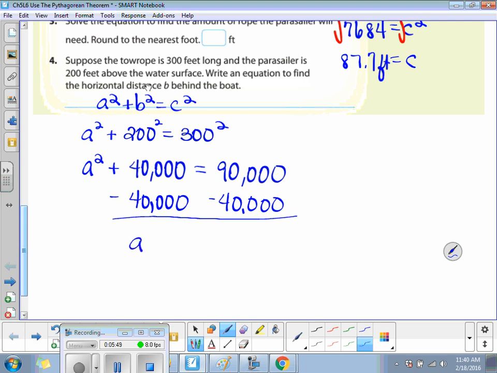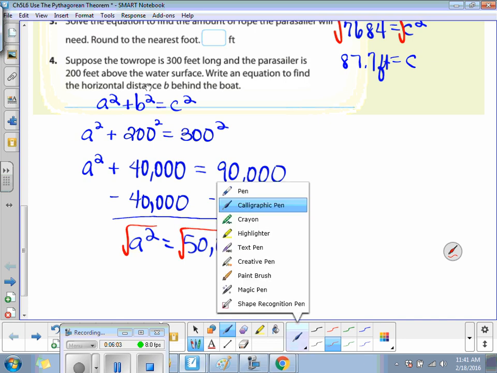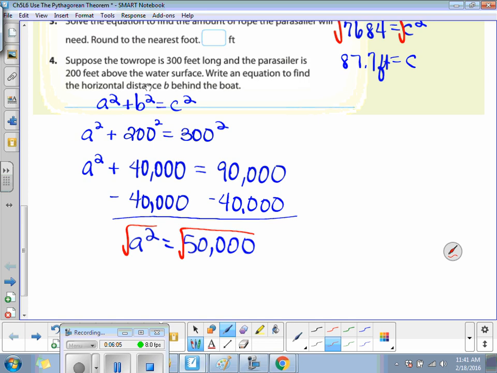So a squared is equal to 50,000. And how do I get the a by itself now? Now we're going to find the square root on both sides. So a then is equal to 223.6 feet. Is everybody clear?